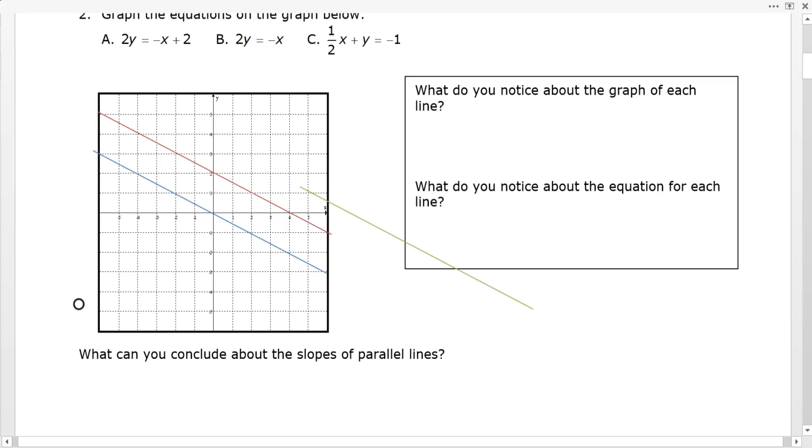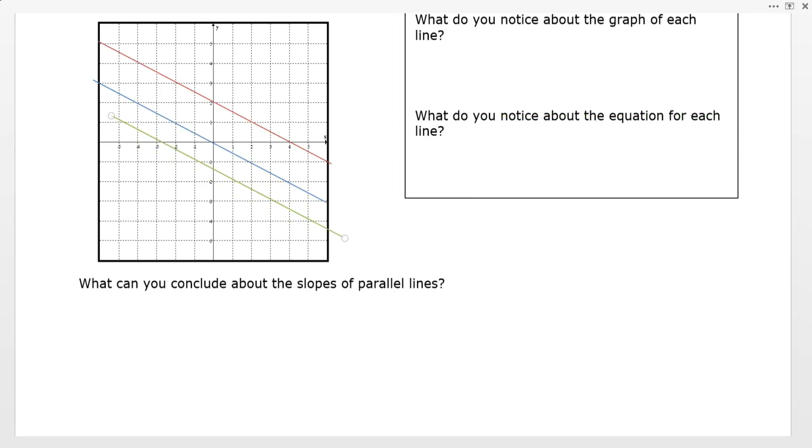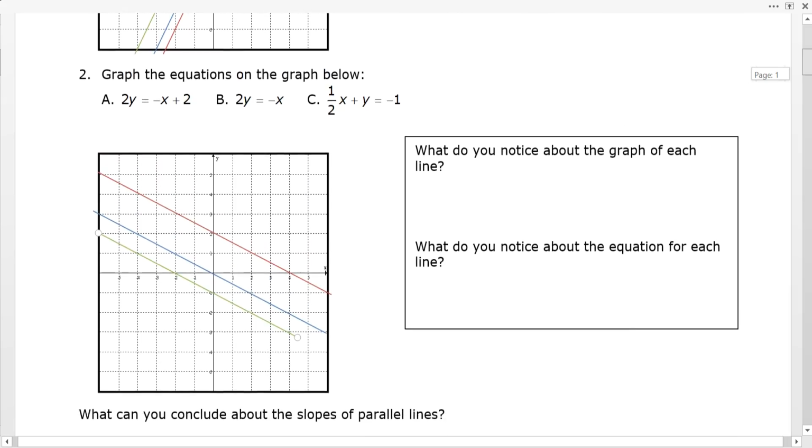And C, if you subtract 1/2 x from both sides, you end up with -1/2 x minus 1. So that's going to be our green line. And we're going to take it to the -1 for the y-intercept. And it also has a slope of -1/2, because it goes up 1 over 2 in the negative direction.